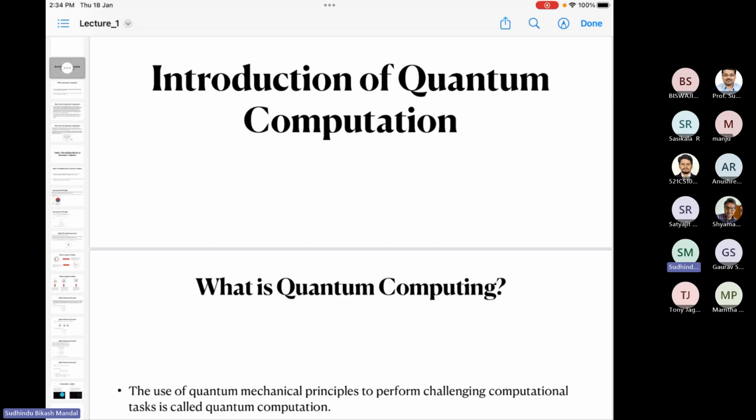I think participants have already gone through some previous sessions where they were able to understand what quantum computing is and what the motivation of quantum computing is. They have already heard from the previous lecture from Professor Amlan Chakraborty and Dr. Amit Shah, and Dr. Shoikat Basu was also present in the last session.